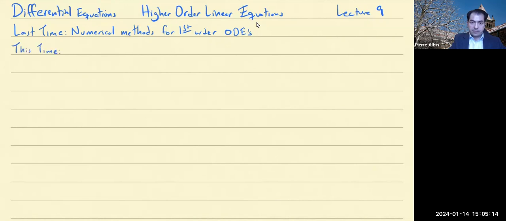This time, starting to consider higher order equations.